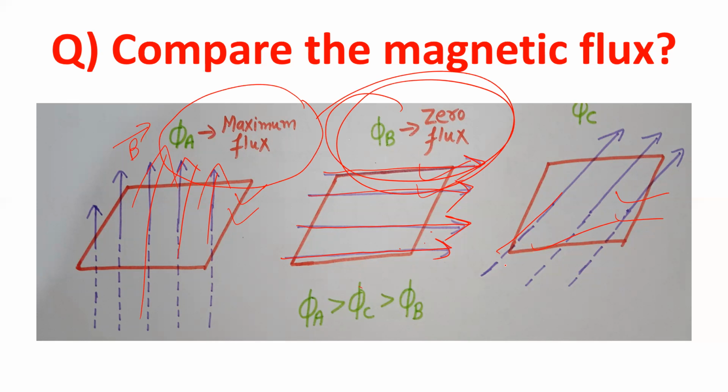In between them, what does that mean? That means the lines are neither tangential nor normal here. They are in between, making a certain angle with the plane. So if we arrange the flux linked with all the three surfaces in decreasing order, it's very clear from the figure: phi a is maximum, phi b is minimum (zero), and in between them comes phi c.